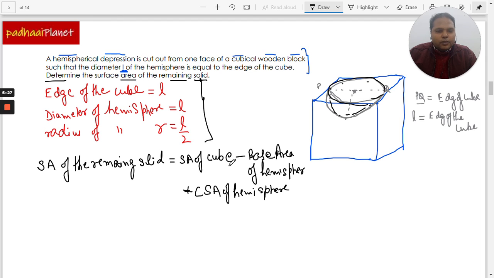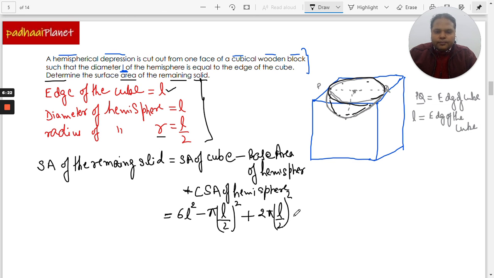Surface area of the cube is 6a squared, where a means L. So that's 6L squared, minus the base area of the circle, which is pi r squared, r meaning L over 2, so pi times L over 2 whole squared, plus the curved surface area of the hemisphere, which is 2 pi r squared, with r being L over 2 whole squared.